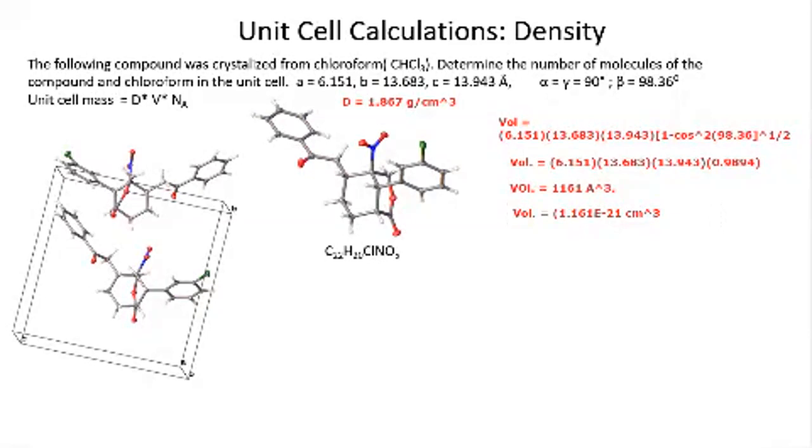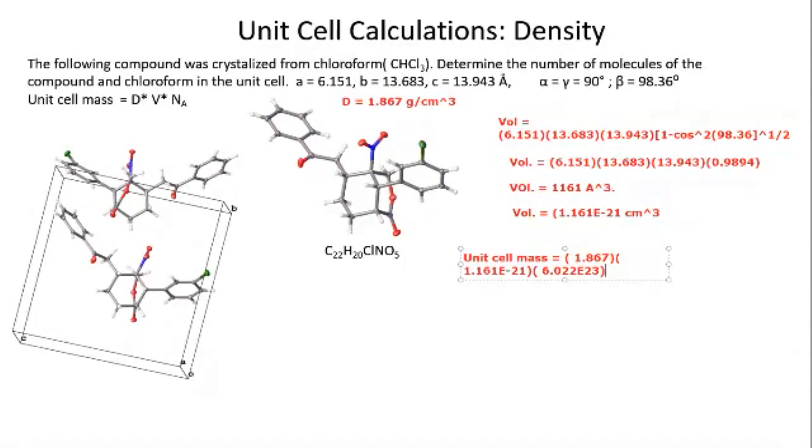Yeah. So we have the density, we have the volume, we can determine the unit cell mass. Density is 1.867 times 1.161 e to the negative 21 times Avogadro's number. You'll see how we're going to determine the number of chloroform in just a second.